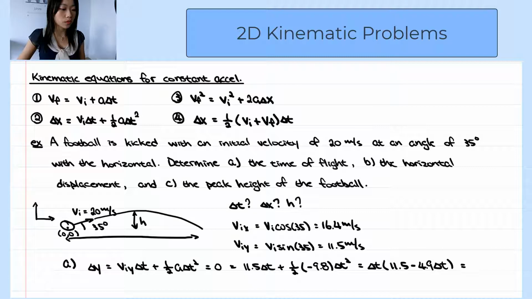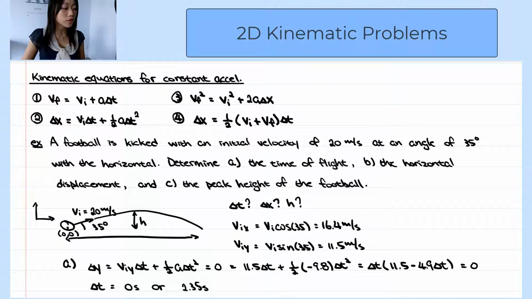And this equals 0. So delta t could be 0 seconds, or 11.5 divided by 4.9, which is 2.35 seconds.